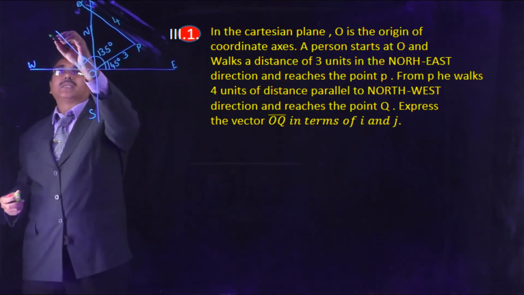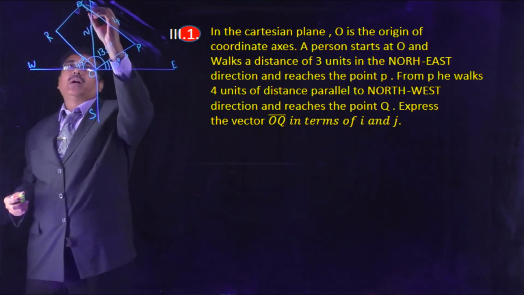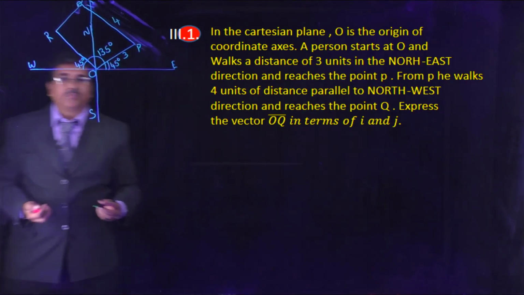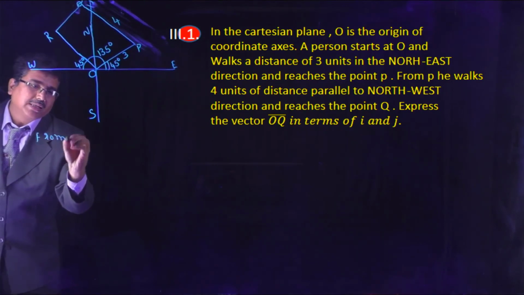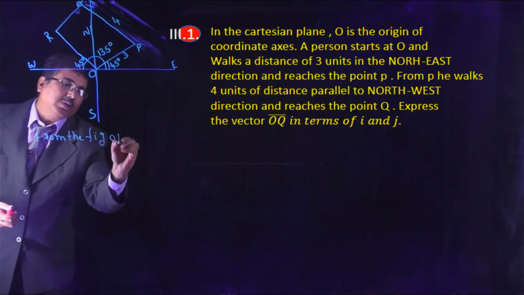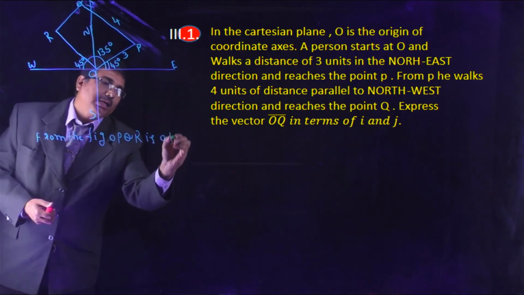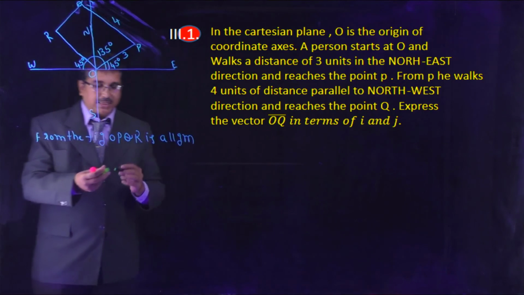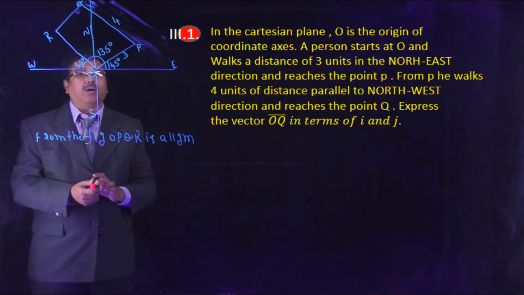Right, suppose this point is capital R. Now join these points. Now OPQR is a parallelogram from the figure. Right, now our aim is to express the vector OQ bar in terms of I bar and J bar.